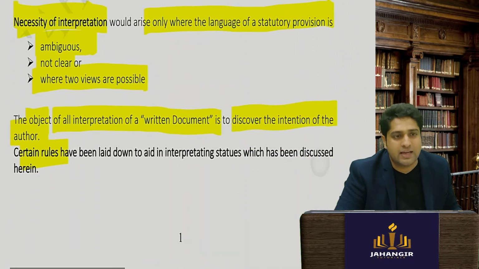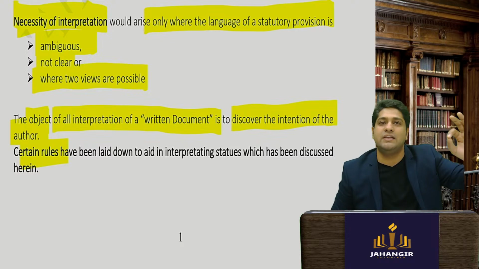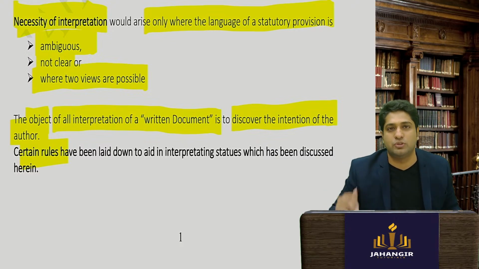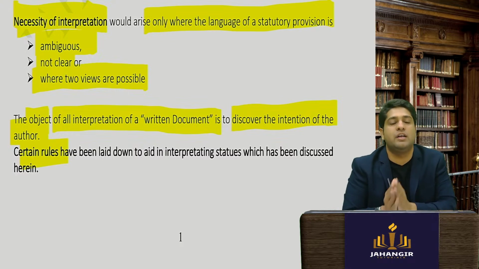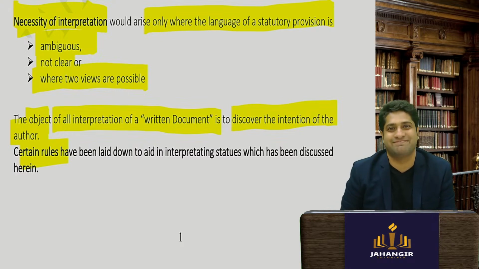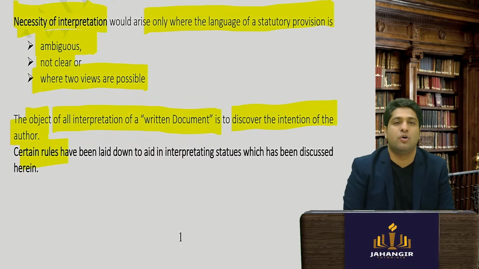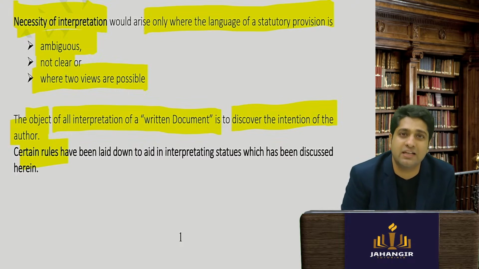Now, tell me one thing: if everything is clear, the act is clear, there is no confusion, is there a need for interpretation, yes or no? If a particular act is perfectly clear, is there a need for interpretation?